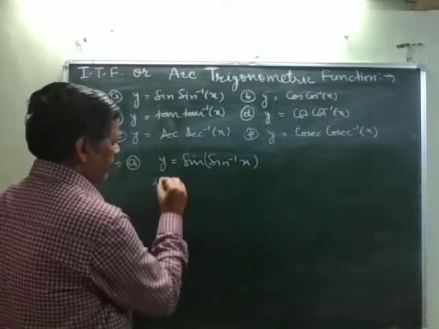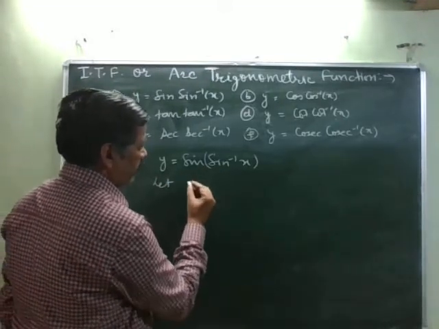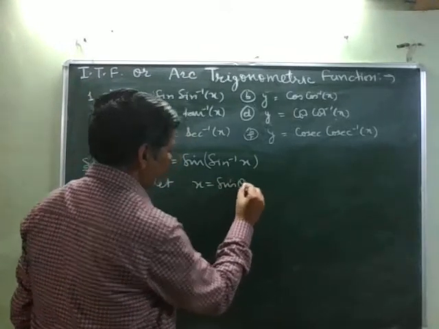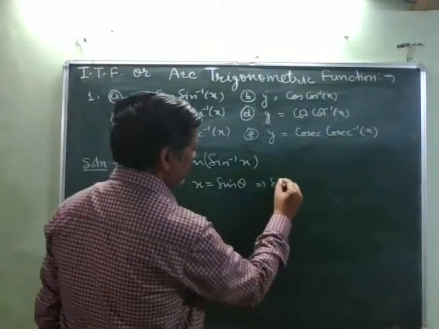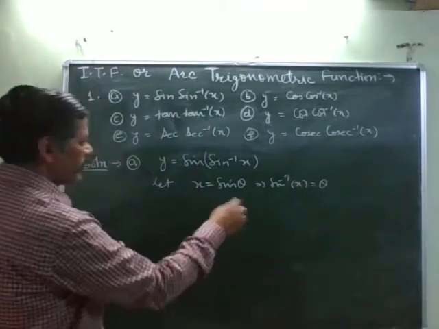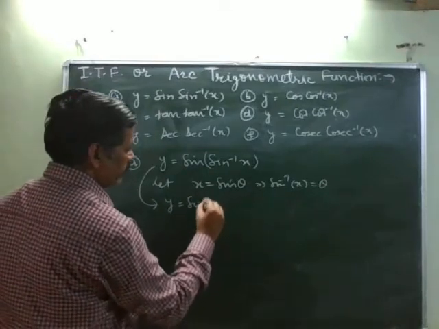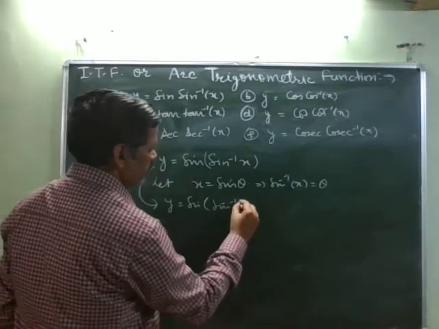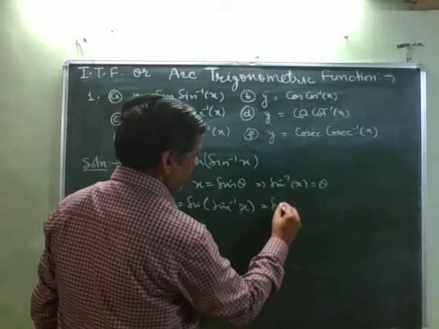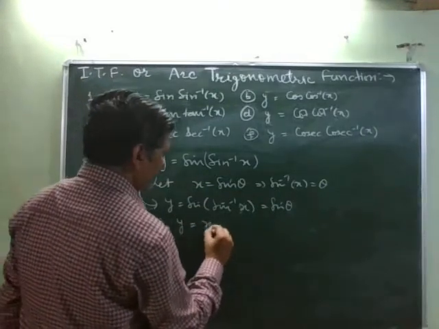Let x is equal to sine theta, means sine inverse x is equal to theta. Putting this value in this equation, we get sine inverse x is equal to sine theta, or y is equal to x.